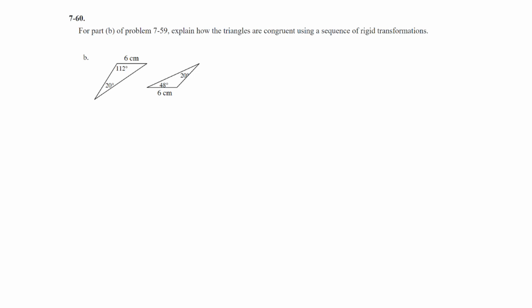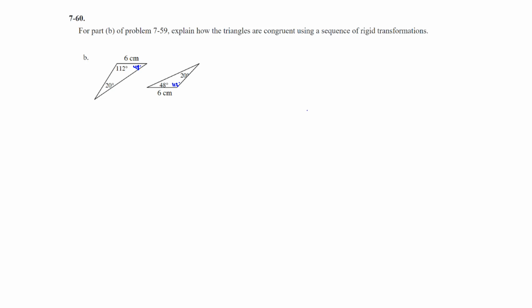Question 60. For part B of problem 7-59, the one we just did, explain how the triangles are congruent using a sequence of rigid transformations. So we could probably look at this a couple different ways. Remember, this is 112 degrees here, and this is 48 degrees here.